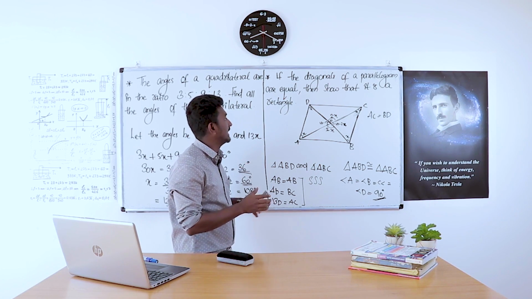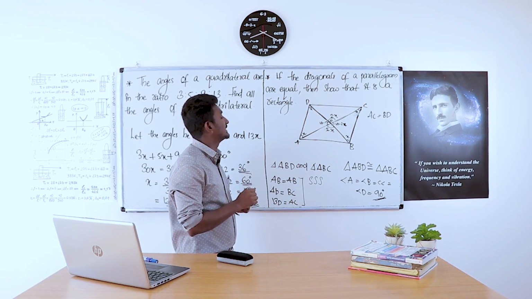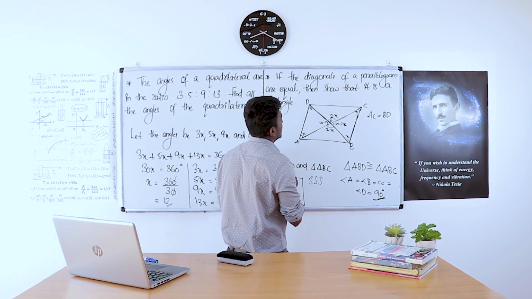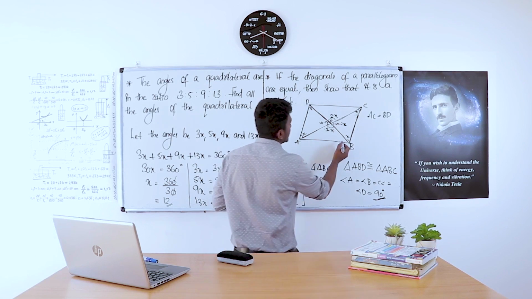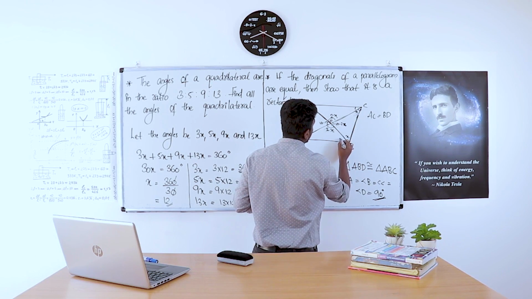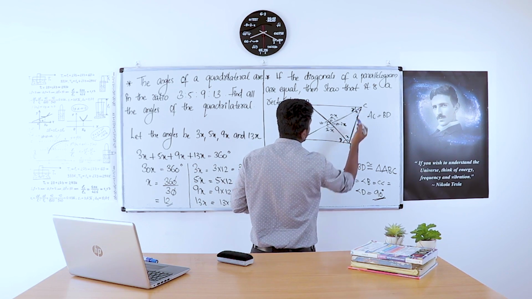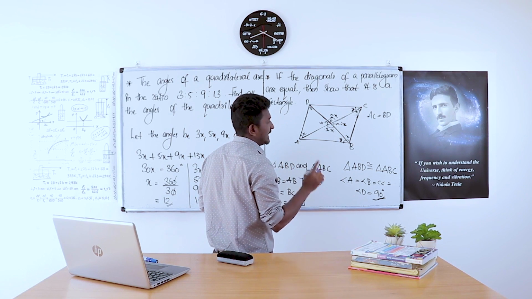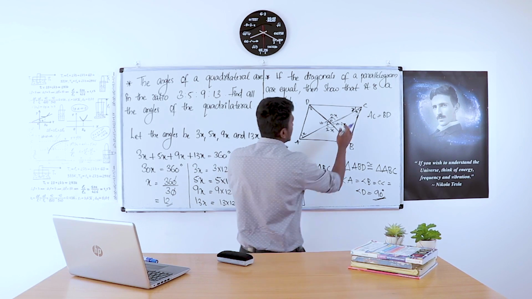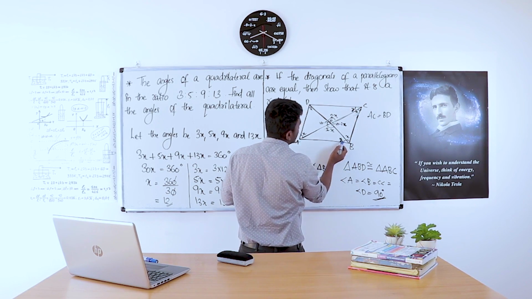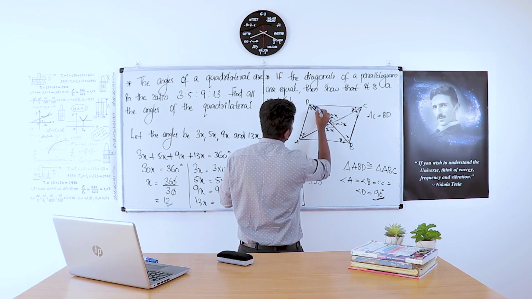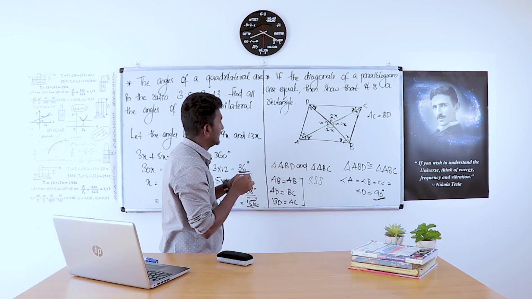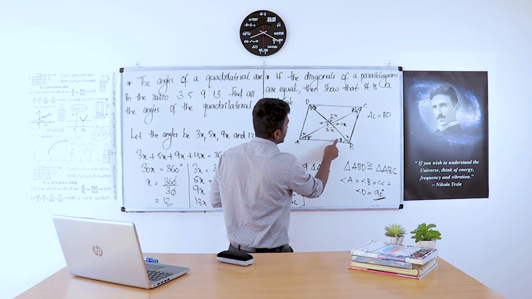For congruent triangles, corresponding parts are equal by CPCT. So which are the corresponding parts? This angle and this angle are equal. If it is y, then it is also y. Then considering these two parallels, these are alternate interior angles, so this is also y. Clear? So what is y plus 2x?